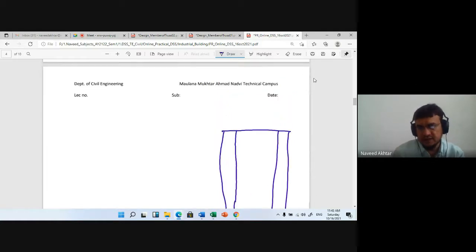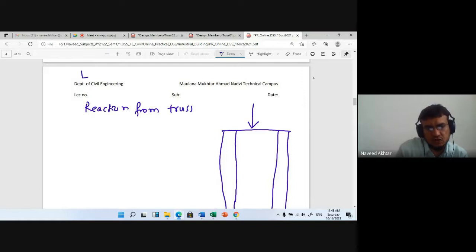So how to calculate the loading? You know that the loading will be the reaction from the truss, the load on the column.